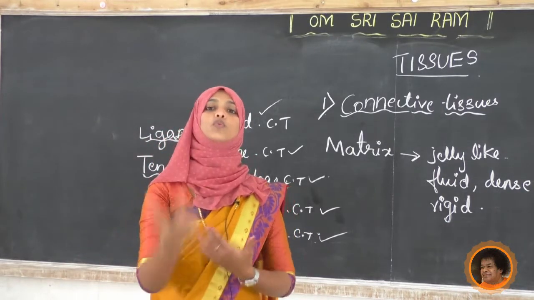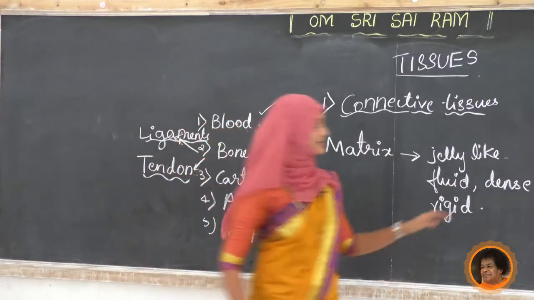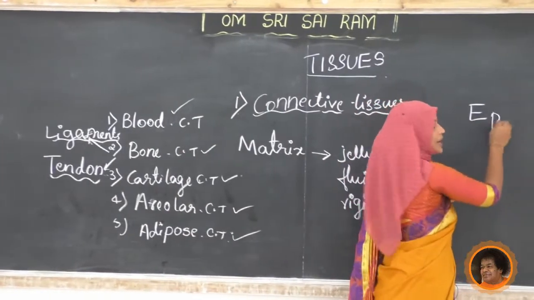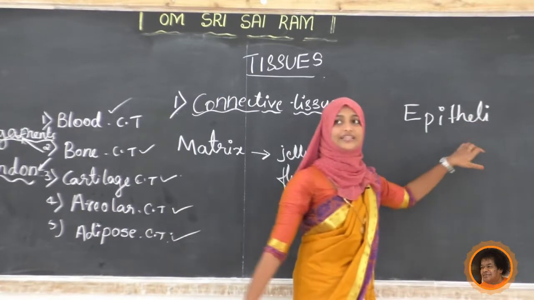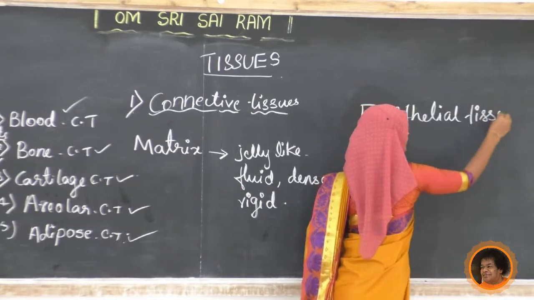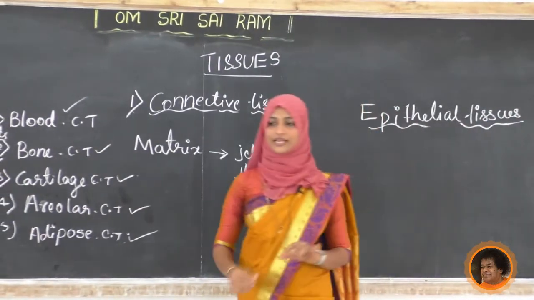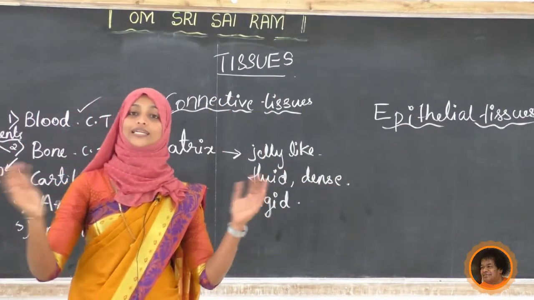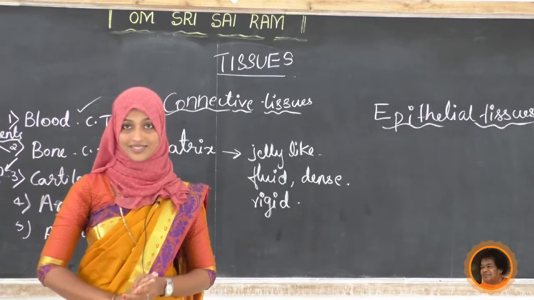Yes, next we will move to the epithelial tissues. Epithelial tissue, I will write here, the last animal tissue, it is the 4th one. Epithelial tissues. We come to know that connective tissues are connecting the organs or the body parts.